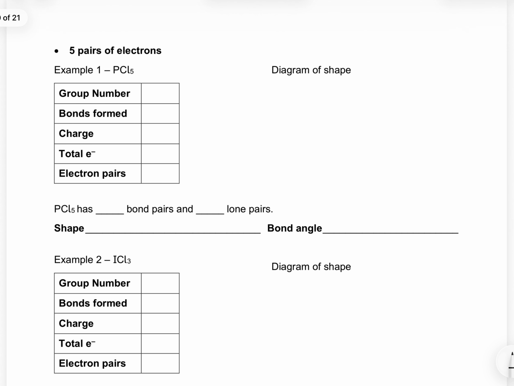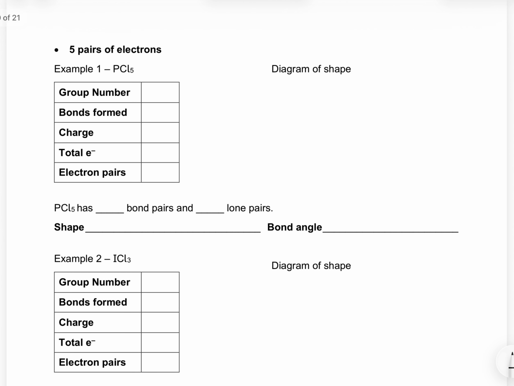We move on to 5 pairs of electrons. So phosphorus is in group 5, 5 things attached, no charge, 10 electrons, 5 pairs. 5 things attached and no lone pairs. This takes a shape where we have, imagine phosphorus being your waist. You've got your head and your toes, straight up and straight down, and then around the middle we've got a triangular shape.